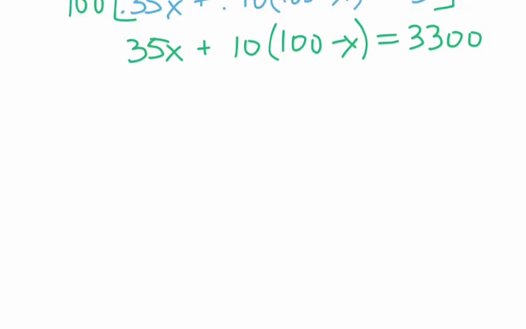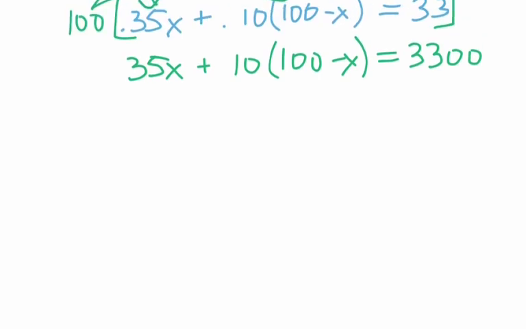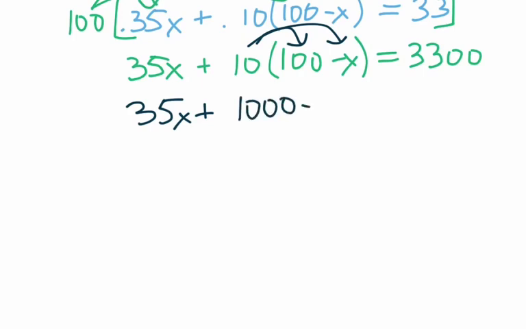First thing I want to do, I want to distribute this 10 to get rid of my parentheses. So I'm going to bring down the 35x, bring down my plus sign. 10 times 100 is going to give me 1,000. Bring down my minus sign, minus 10x. That's going to equal 3,300. Next, I'm going to combine my like terms.